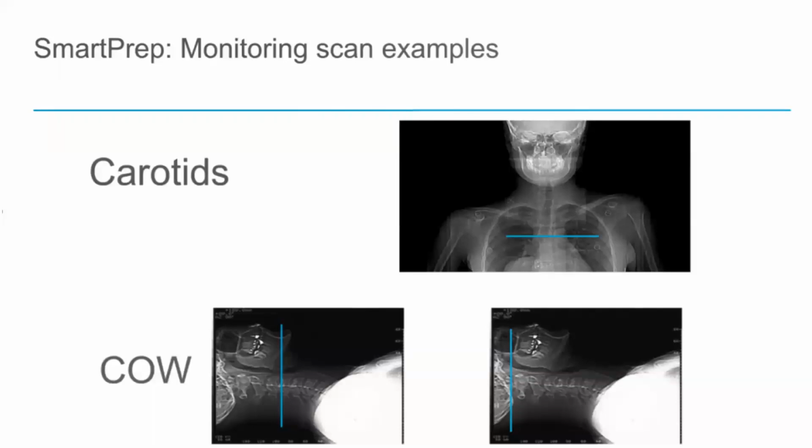If you have a CT with 160 millimeters, I think you should place the monitoring scan on the basilar artery. But if you have a 64 with 40 millimeters of coverage, I would set the monitoring close to C3 or C4 to monitor the carotid artery.